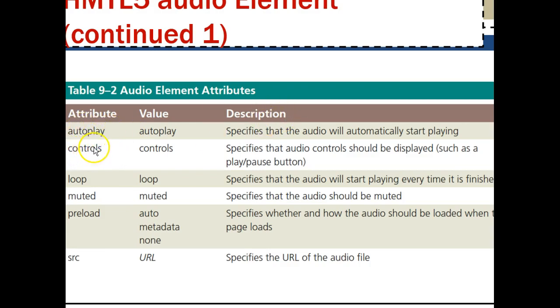Controls lets you control it using play and pause buttons. Loop makes it keep repeating itself. Muted specifies that the audio should be muted. You have that option in there. Preload specifies how the audio should be loaded when the page loads. And then src, the source, specifies the URL of the audio file that you are looking for.